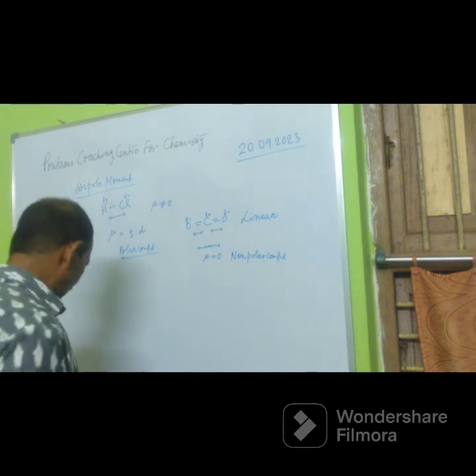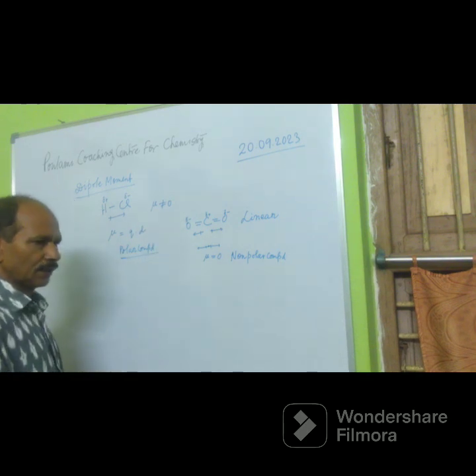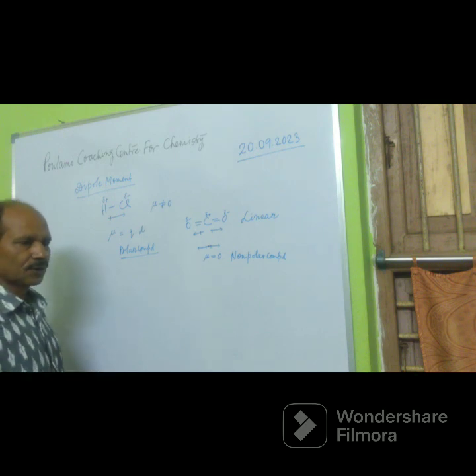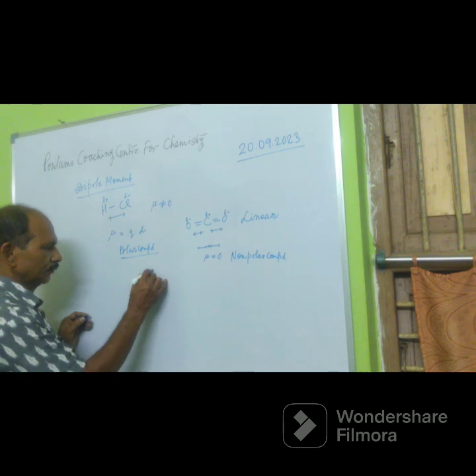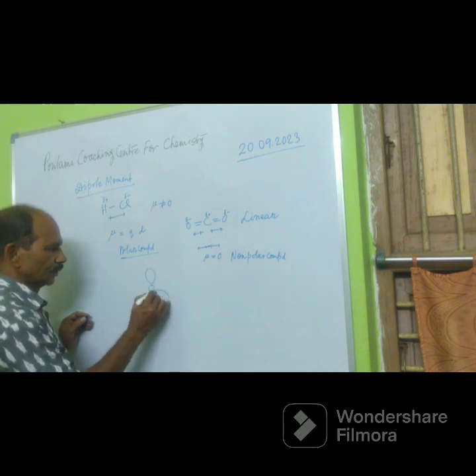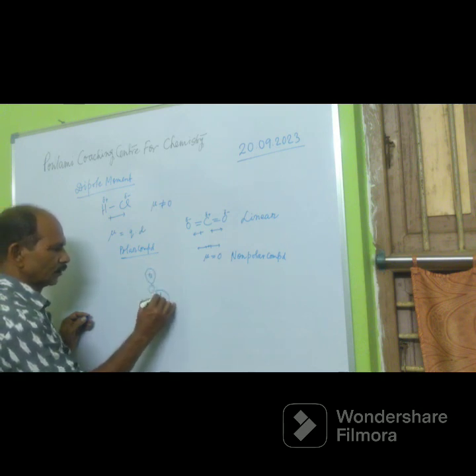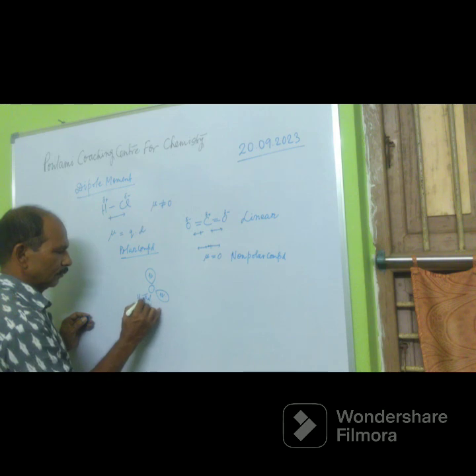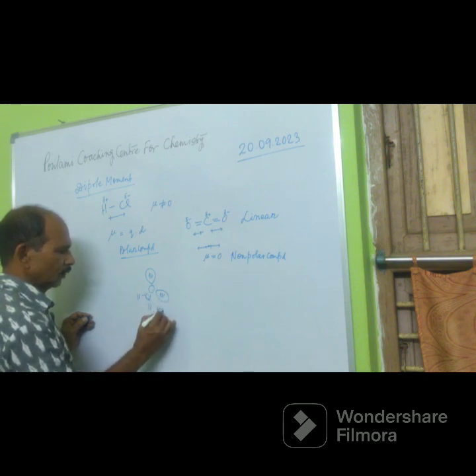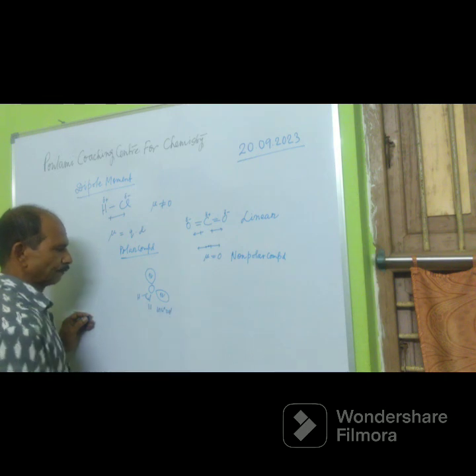Okay? If we take another example, suppose H2O. What is the case of H2O? These are two lone electron pairs and two hydrogen atoms within the angle of 104 degrees 30 minutes.